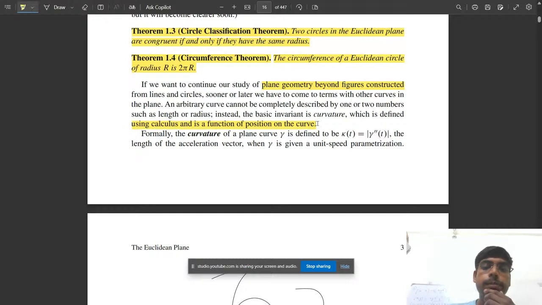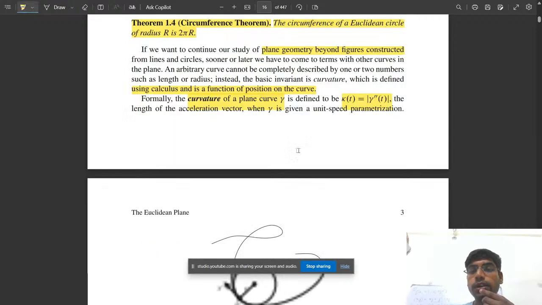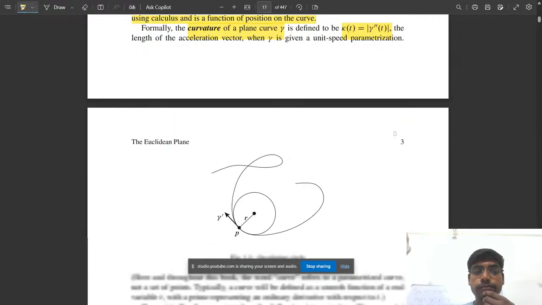Formally, the curvature of a plane curve gamma is defined as kappa of gamma, the modulus of the second derivative of the curve, that is, the length of the acceleration vector, when gamma is a unit speed parameterization.